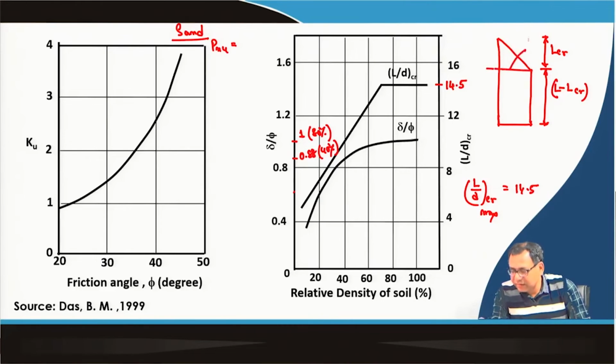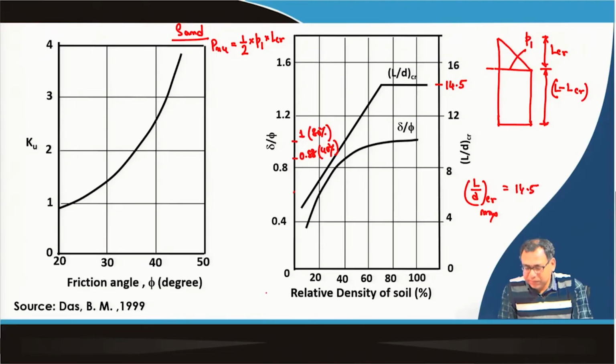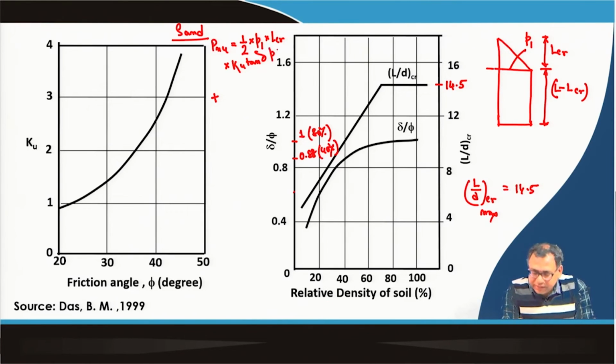Suppose at the critical length the stress is P1, and that will continue here. So, for this particular case it will be half into P1 into L critical, and then there will be Ku and tan delta, and then plus the perimeter into length.